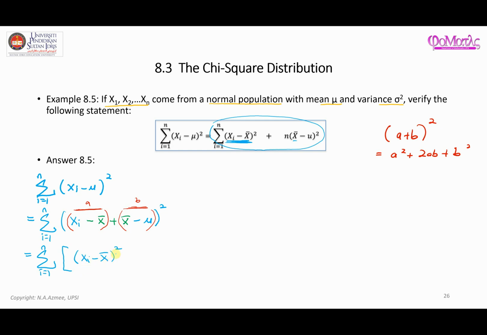So here I've got xi minus x bar squared. Next, I will have 2AB. 2AB means 2 times xi minus x bar times x bar minus mu, plus B squared, which is x bar minus mu, and you square it.